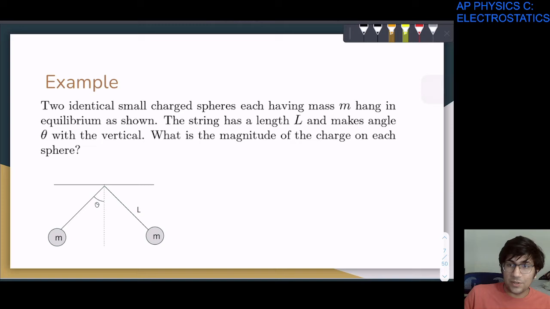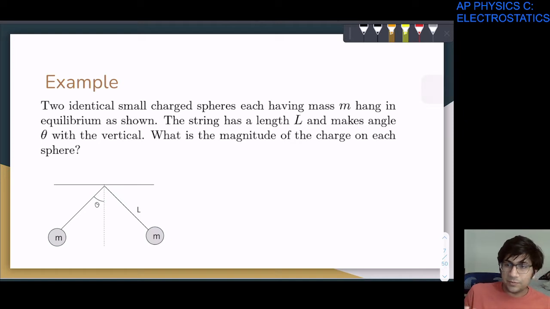So here we're actually going to care about mass as well. Here we have a string of length L, and it makes an angle theta with the vertical. What is the magnitude of the charge on each sphere?